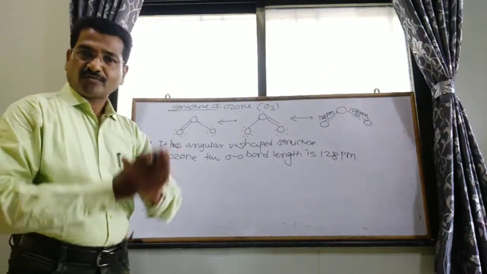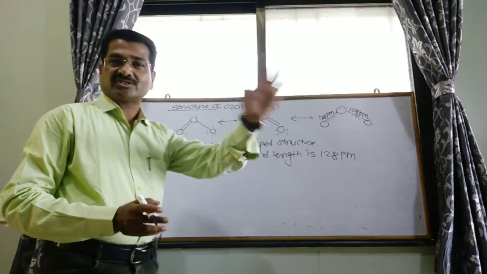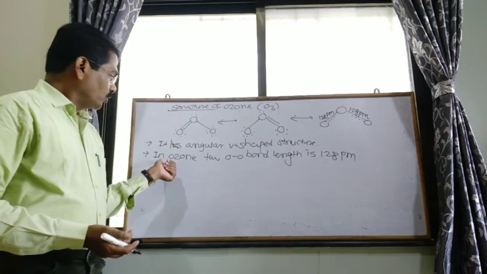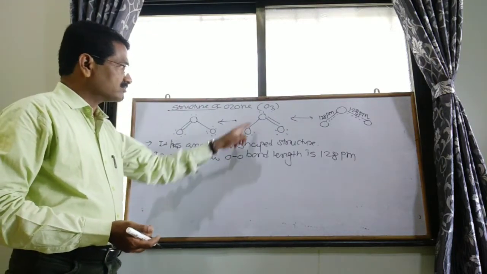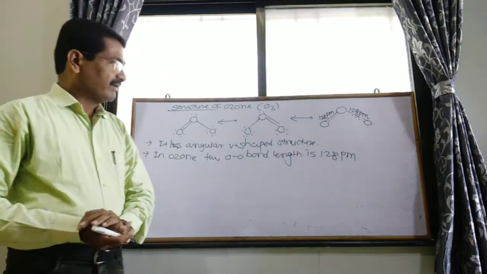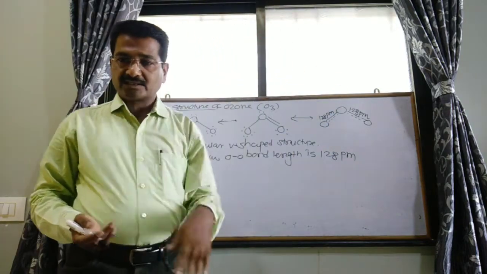So see the structure of ozone. First, it has an angular V-shaped structure. Then in ozone, the two O-O bond lengths are identical, 128 picometers.